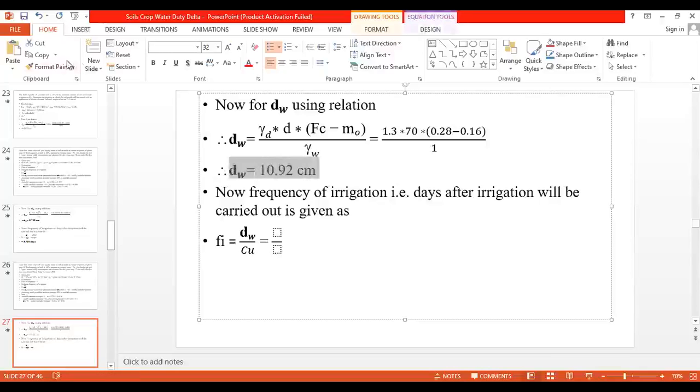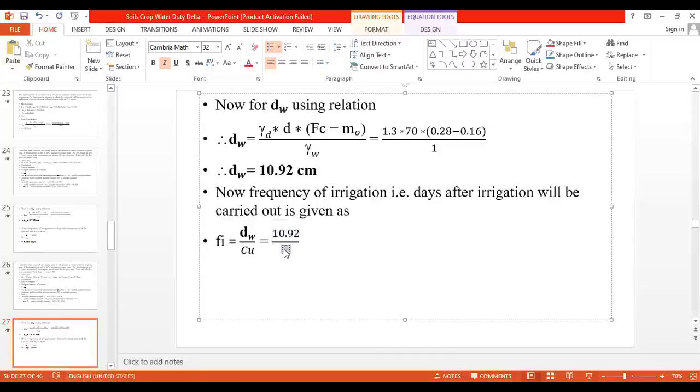Okay. Then the frequency of irrigation they asked, that is, after how many days you will go for irrigation. That is Fi is equal to dW by Cu. dW is 10.92 divided by consumptive use.